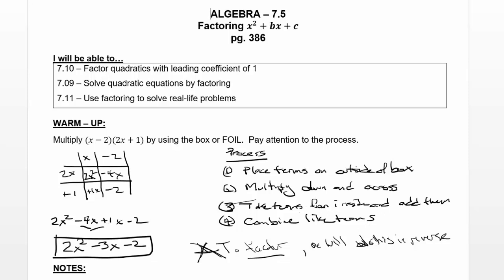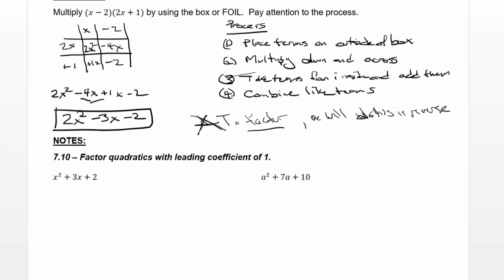We're going to figure out what multiplied down and across to make that box. And whatever was on the outside is going to be the factors of this polynomial, or we're going to figure out what multiplied to make this. So let's see how to put this process into action.